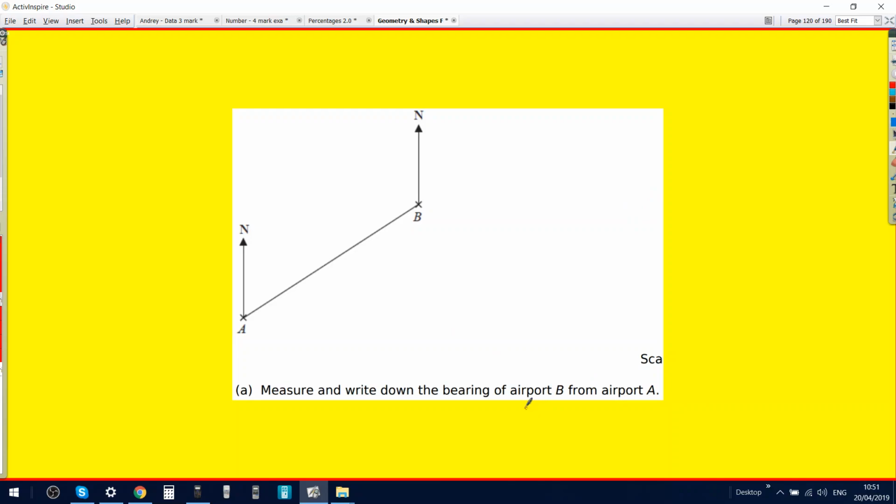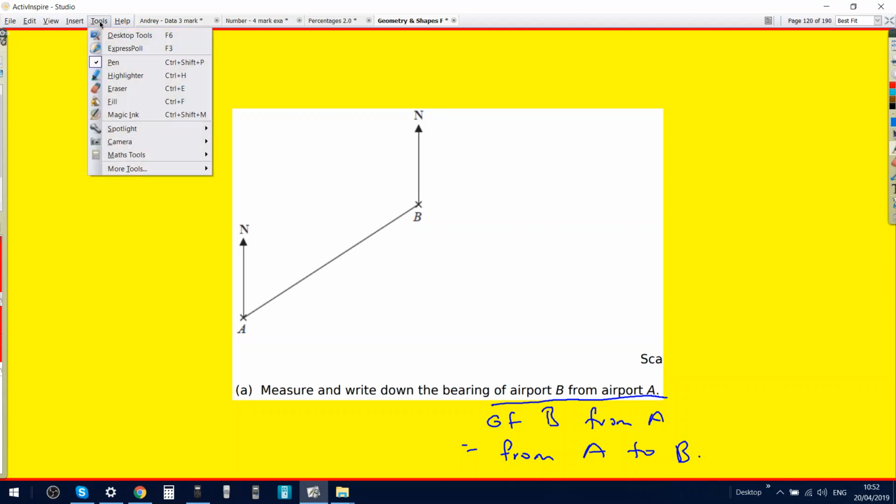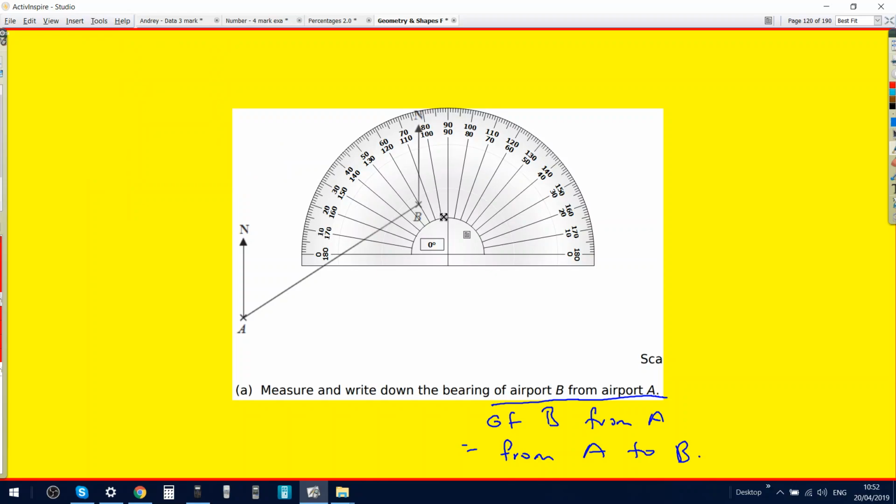So of B from A. They always write them backwards. Of B from A is from A to B. So tools, protractor.